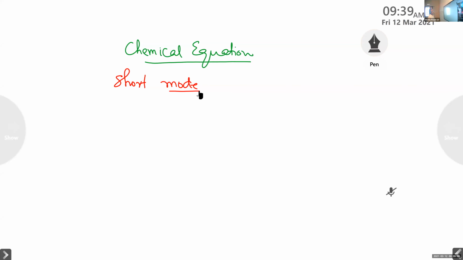So a short mode of representing a chemical reaction.